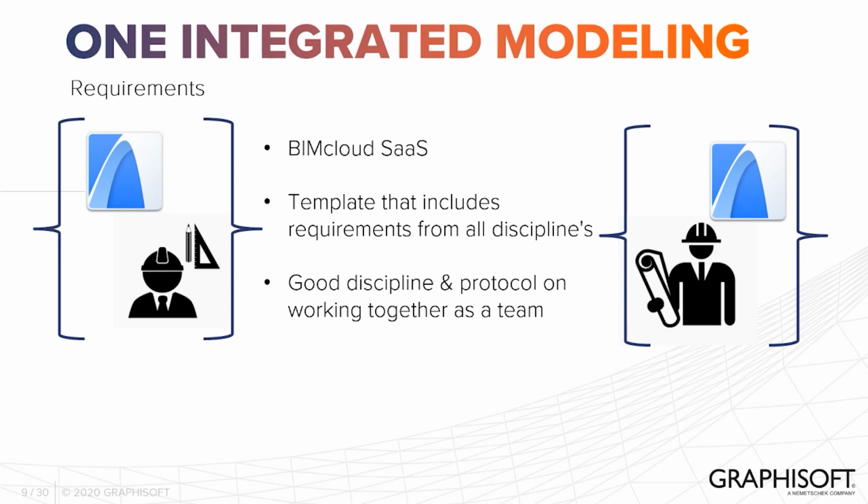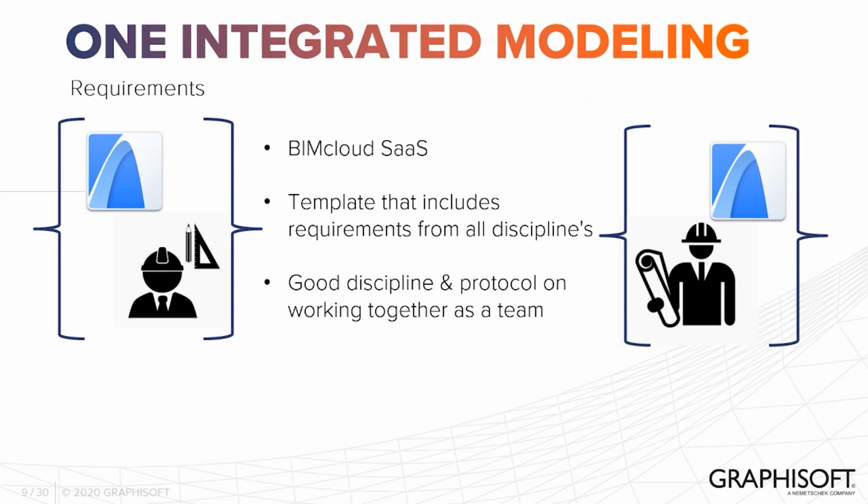Then we need to have the systems in place with templates that include the requirements for all the disciplines, because we need to accommodate the different requirements from each side. And we need to establish good discipline and have a correct protocol in working together as a team. So this will require workflows that make sure that we don't impact negatively the other parties' work.